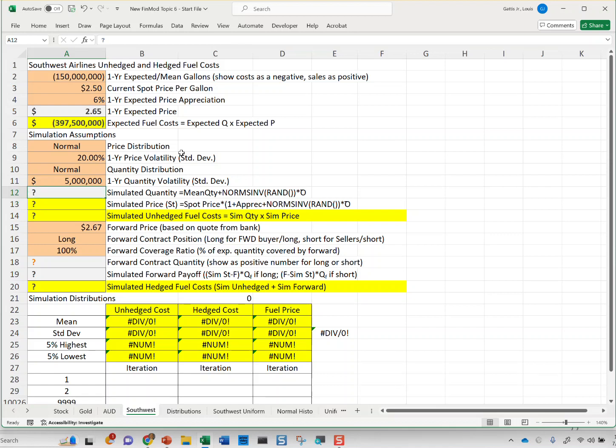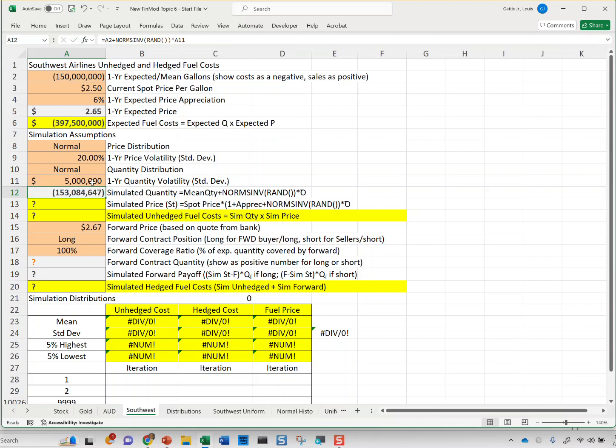So the simulated quantity is they expect 150 million. So I have a link to that 150, plus we're going to create a random number, NORM.S.INV(RAND()), times the standard deviation of 5 million. So now it is 150 million, that's what A2 is, plus NORM.S.INV(RAND()) times 5 million.